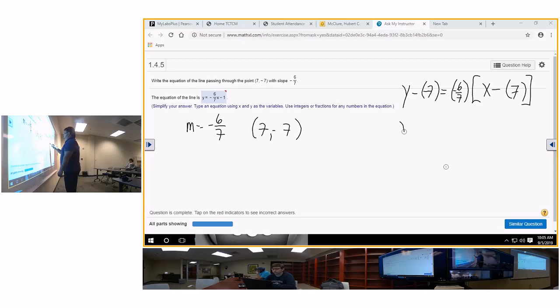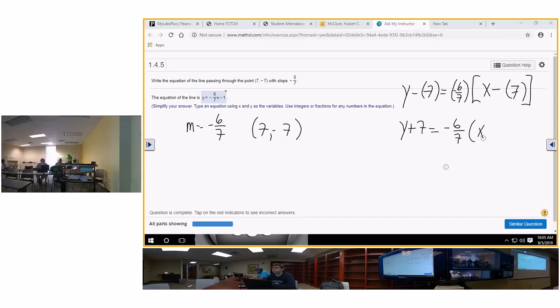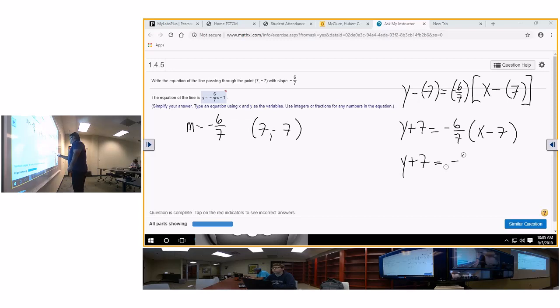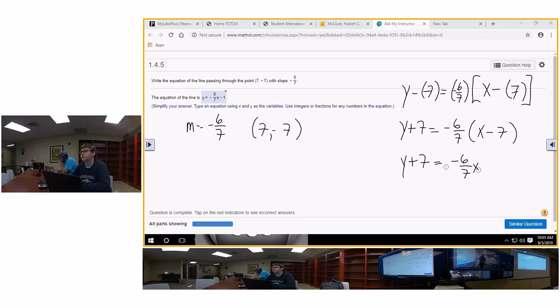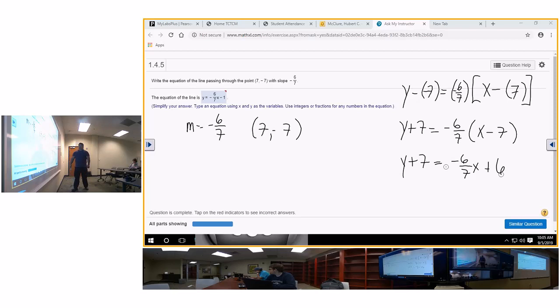Y plus 7 is equal to negative 6/7 times x. I'm just rewriting it right now. And then that's going to be y plus 7 is equal to negative 6/7 x plus what? Plus 6. Oh, yeah, the 7s cancel. And then what is 6 minus 7? Negative 1.